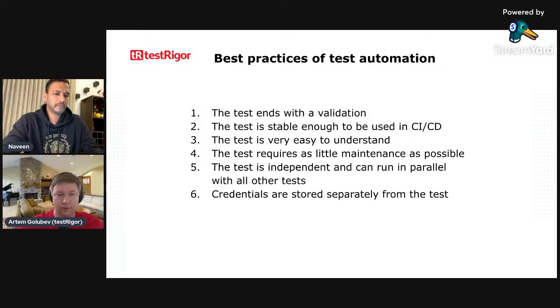And next is that a test is independent and can run in parallel with all other tests. That is very, very tricky. I will talk about it in a second. There are risks to this, in a sense.